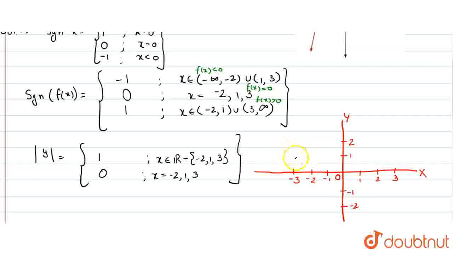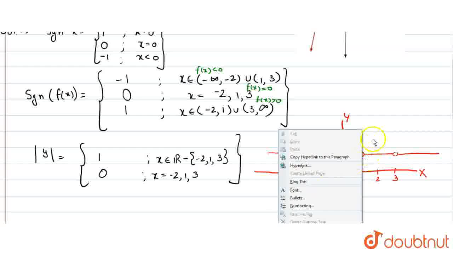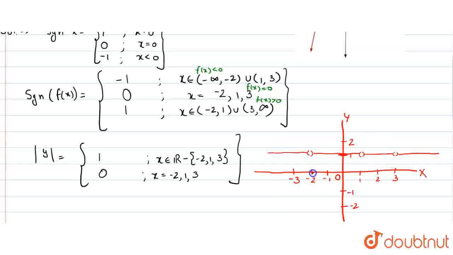The graph at minus 2 is open, then at 1 it is open, then at 3 also it is open. Rest everywhere it is like this, because at 3 it is positive, at 1 it is positive, and at minus 2 it is also positive.